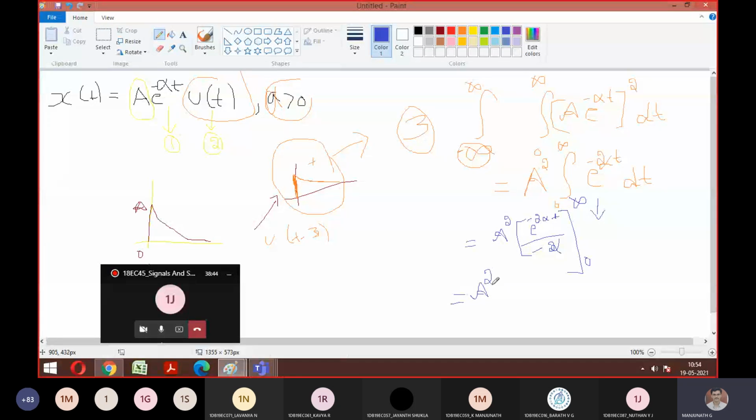So it is going to be a square divided by 2 alpha. So this is what my energy is, and don't forget to write the unit as joule. Is it okay to everyone? Have you got the same answer?